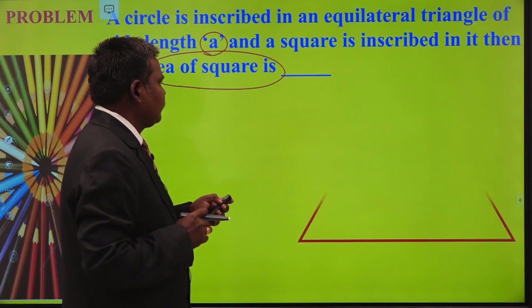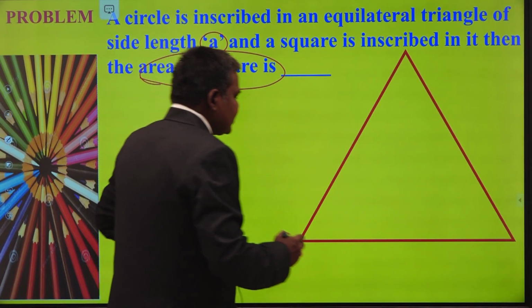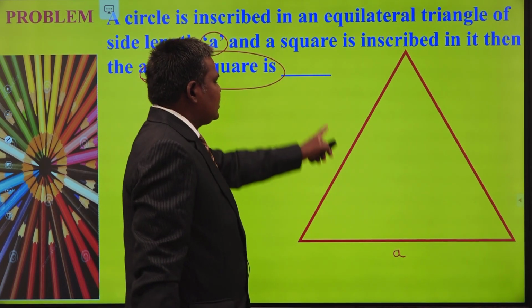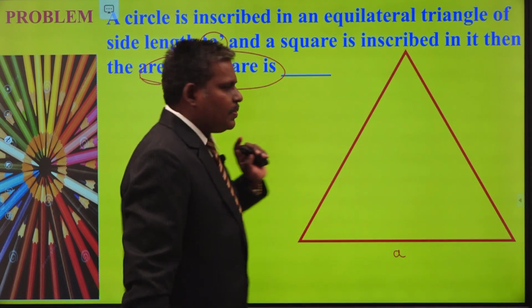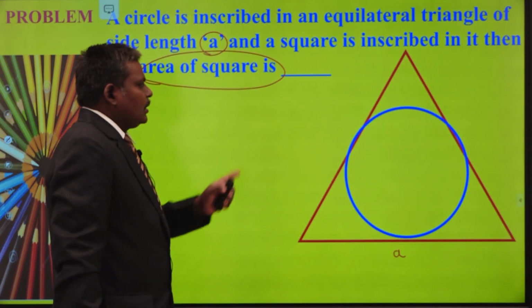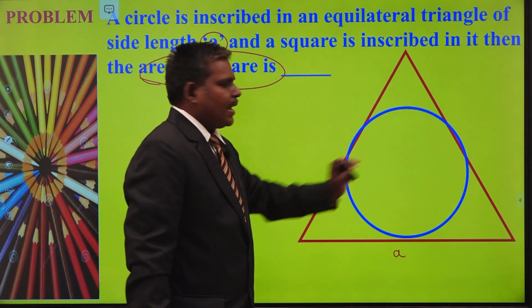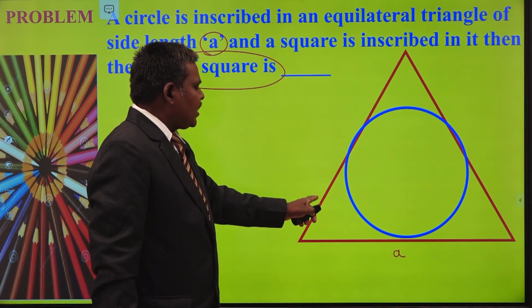This is your equilateral triangle, each side of length A units. This is A units. Similarly, this is also A units. Listen carefully, my dear students. This is the circle which is inscribed in your equilateral triangle. Now my question is, is it a regular polygon or not?